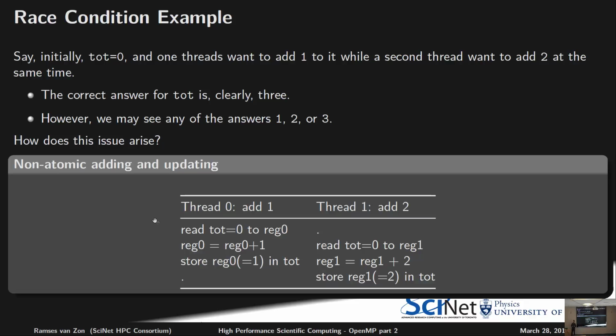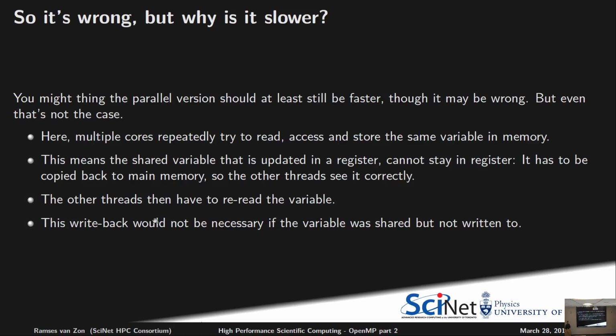But it can't do this if I've parallelized the loop and I have different threads, because then I've said that this variable is shared. If the variable is shared, the compiler says, well, apparently the other threads have to see it, so as soon as you're done, you have to copy it back. So in the serial case, the write back to main memory is not necessary, and the compiler will actually omit it until the very end.